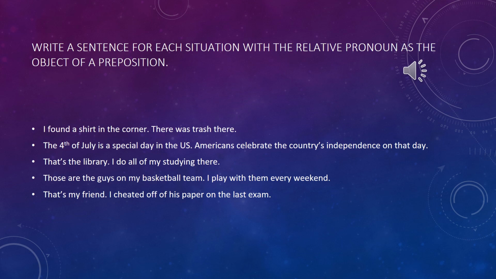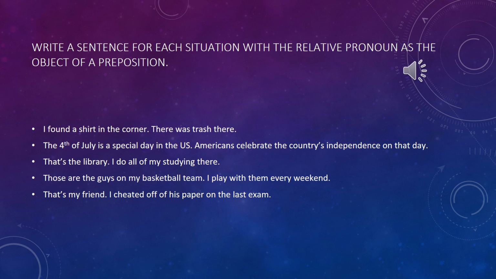Those are the guys with whom I play basketball every weekend. You can combine like that and you're slightly changing the sentences. Or I could say, those are the guys on my basketball team with whom I play every weekend.